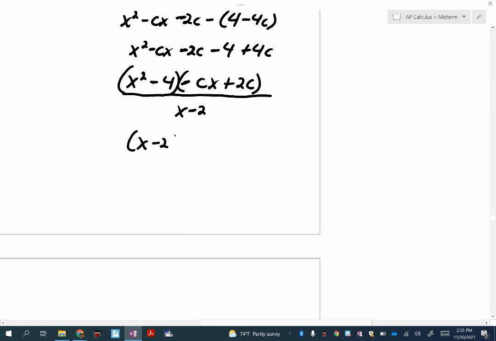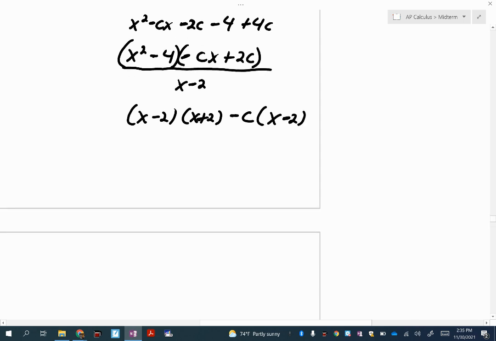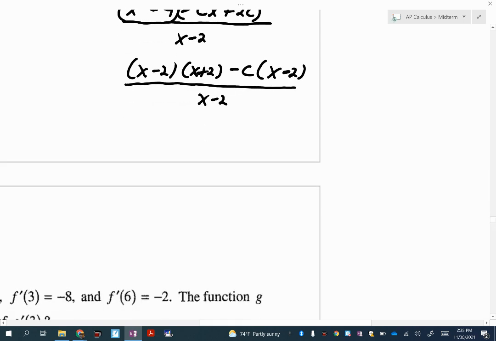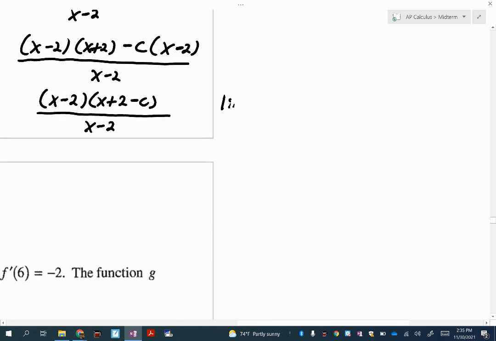So that's x minus 2, x plus 2, minus c times x minus 2, all over x minus 2. Your common factor is x minus 2, and you put together x plus 2 minus c. You'll see what crosses out. So I have the limit as x approaches 2 from the right is just x plus 2 minus c. Plug in 2, you get 2 plus 2 minus c, so that's 4 minus c.